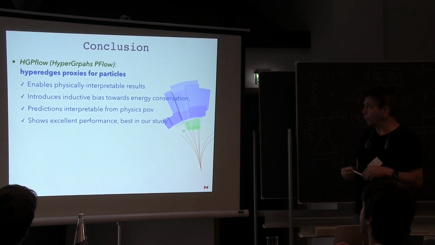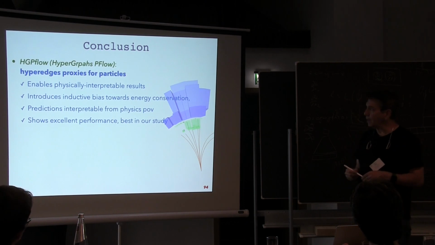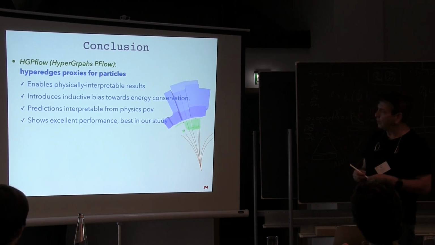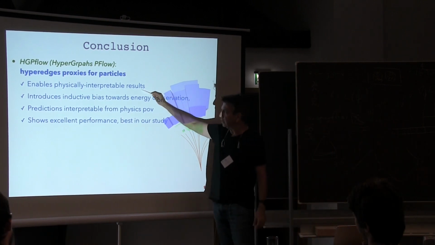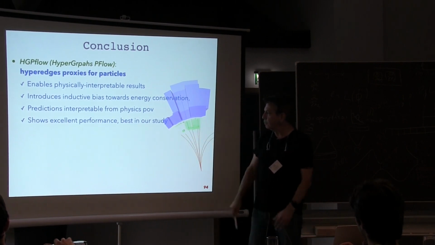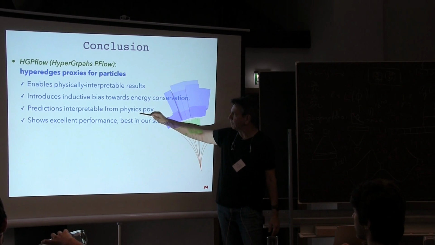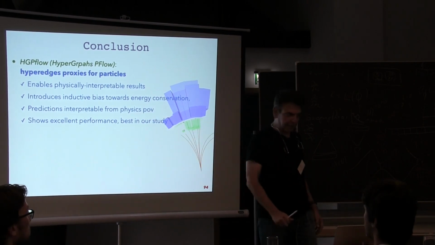So my conclusions are two. First, hypergraphs as proxies for particles enable physically interpretable results. They introduce inductive bias towards energy conservation, provide interpretability from a physics point of view, and show excellent performance, the best in the study that we did.